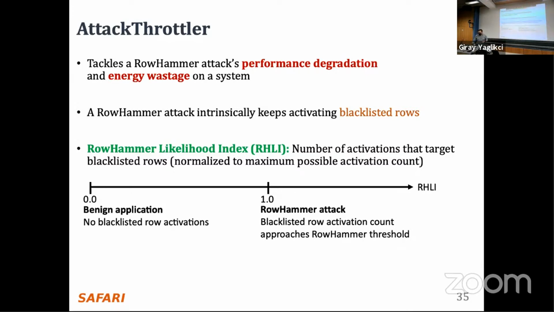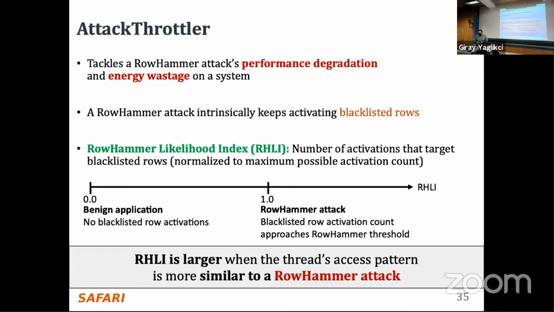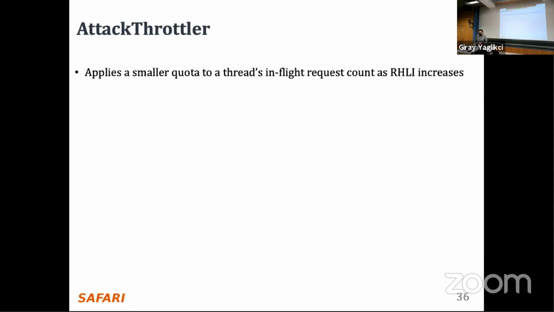And if there is no BlockHammer in the system, then you can even exceed 1; you can perform more activations. So the conclusion of this slide is that the RowHammer likelihood index is larger when the thread's access pattern is more similar to a RowHammer attack. And now we use this as a metric to identify the RowHammer attack threads.